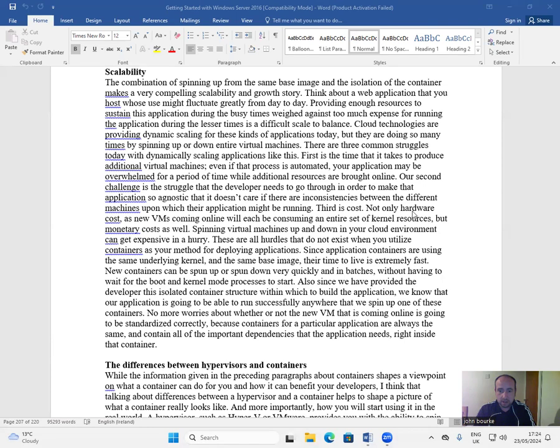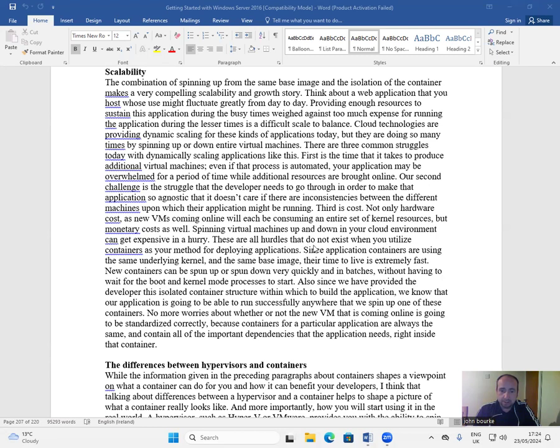Third is cost. Not only hardware cost, as new VMs coming online will each be consuming an entire set of kernel resources, but monetary costs as well. Spinning virtual machines up and down in your cloud environment can get expensive in a hurry.